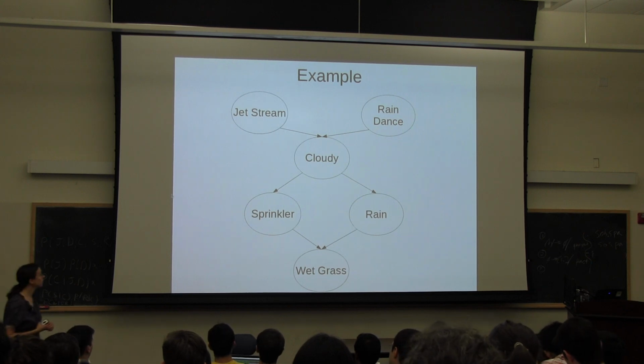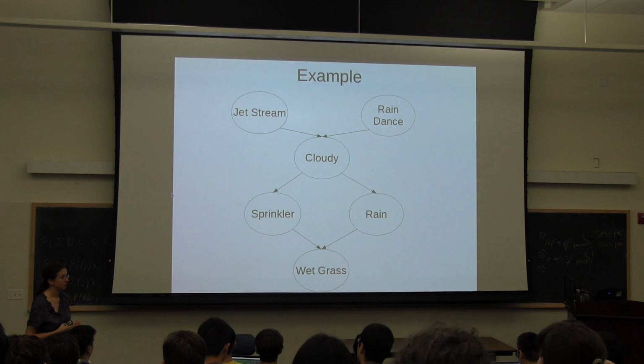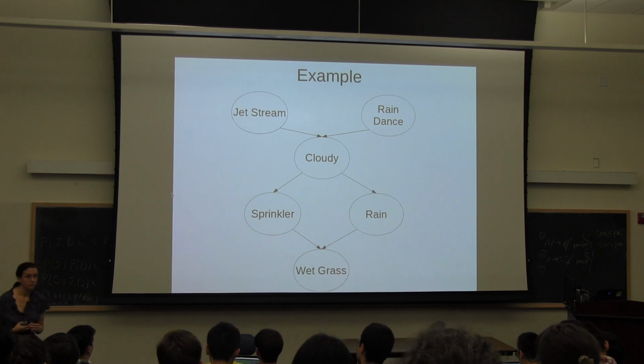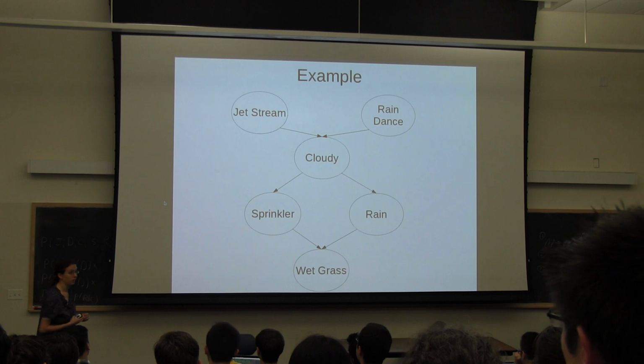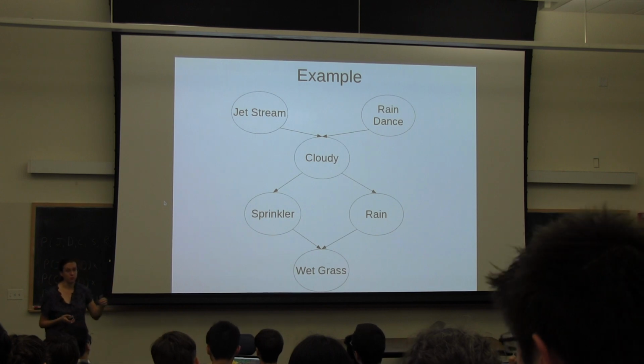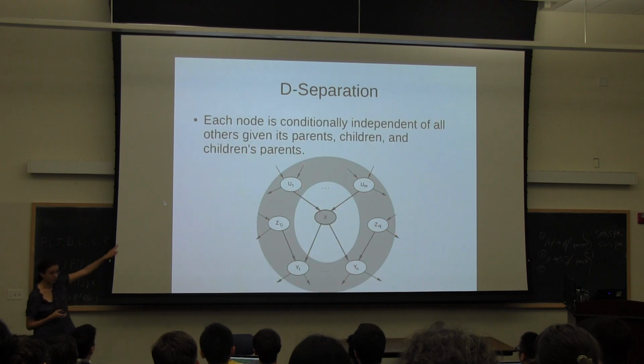Now let's think about the sprinkler. We want to know what things we need to know in order to make it conditionally independent of all the other nodes. What nodes are in its Markov blanket?